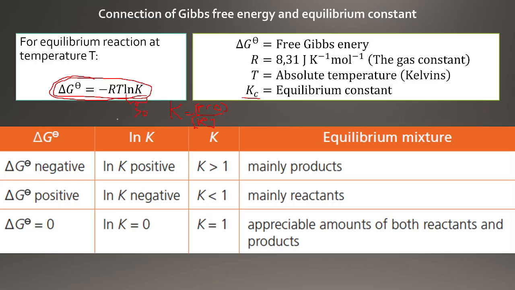Then this will be greater than 0, and there will be a minus sign, so the Gibbs energy change will be negative. So that was case 1. We have mainly products, K will be greater than 1, ln K will be positive, and the Gibbs energy change will be negative.